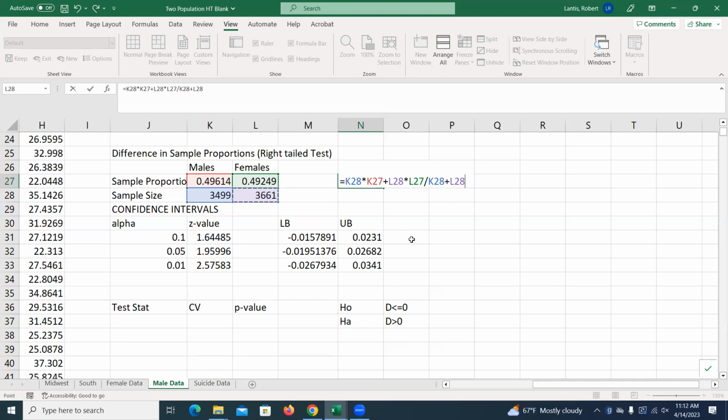Now, what's one issue I'm going to have if I hit enter here? What did I do wrong? Put the last one in parentheses. I didn't put anything in parentheses, right? So it's going to do the division first, and then start adding things.